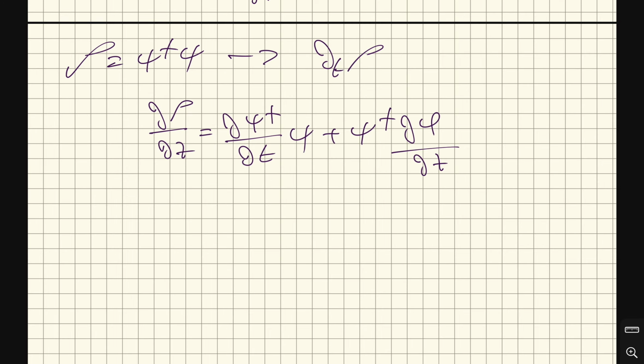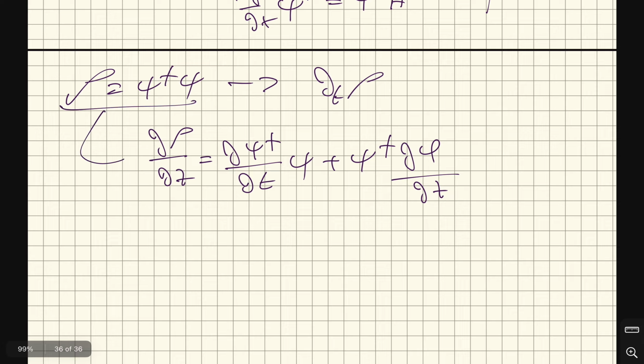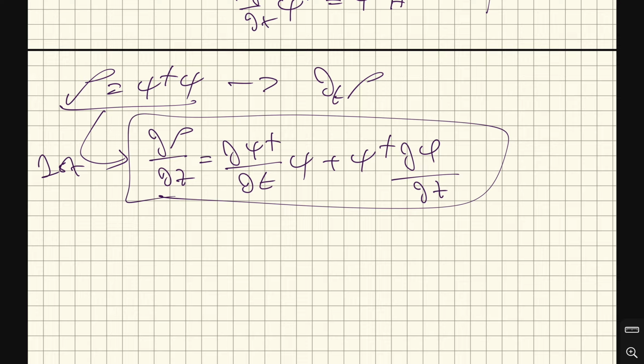Okay, so if we take this equation and take the first derivative of it, we will have this one. Now partial rho over partial t is equal to what?